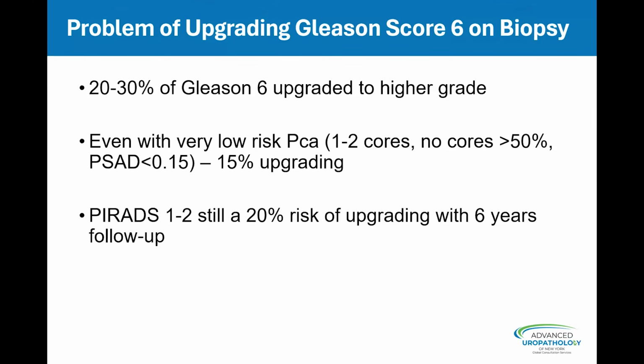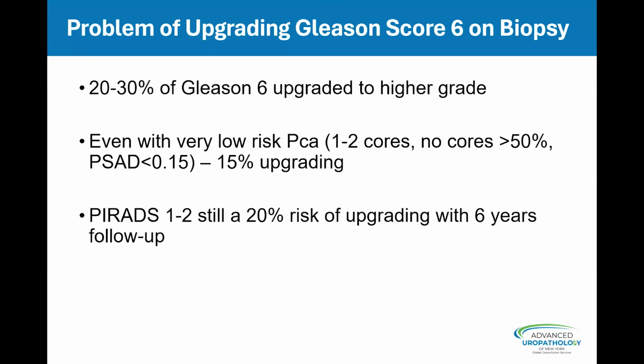But probably the most practical reason why I favor keeping Gleason score 6 as cancer is the problem of upgrading of Gleason score 6 on biopsy. So 20 to 30% of the time when Gleason score 6 is diagnosed on biopsy, and let's say a radical prostatectomy is done, the radical prostatectomy shows higher grade tumor. So it's upgraded.